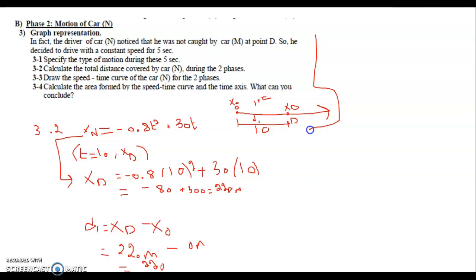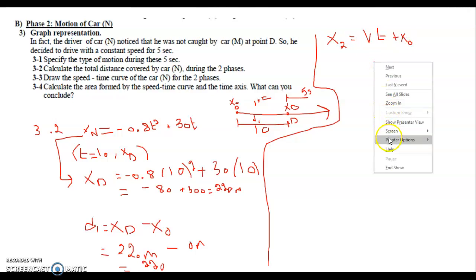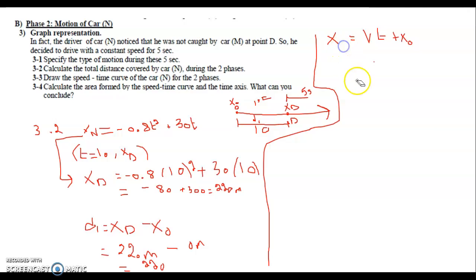What about the second phase? The duration of the second phase is 5 seconds, and the speed is constant, and it started moving from D. Knowing that it is moving at constant speed, the general position time equation for URM is x equals vt plus x0.